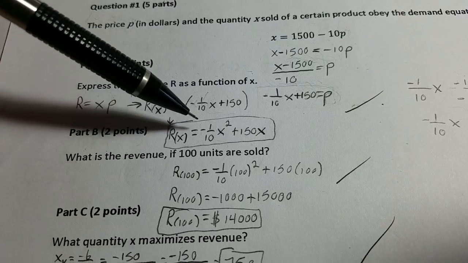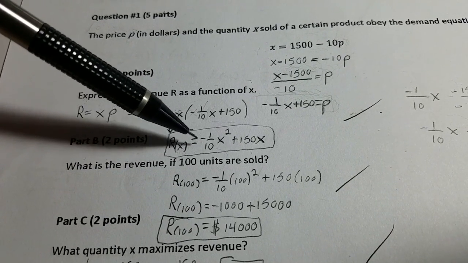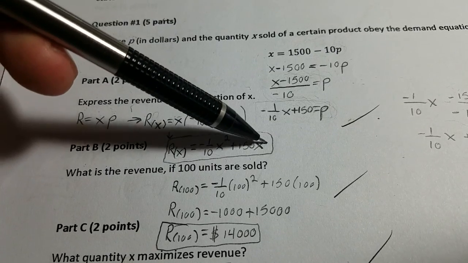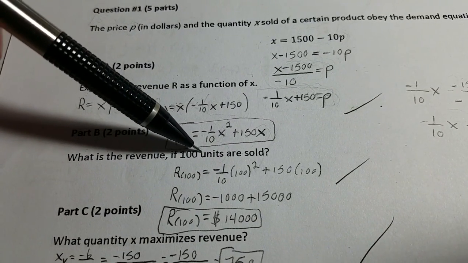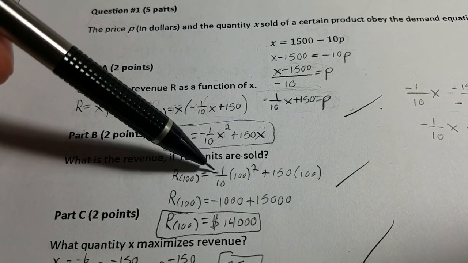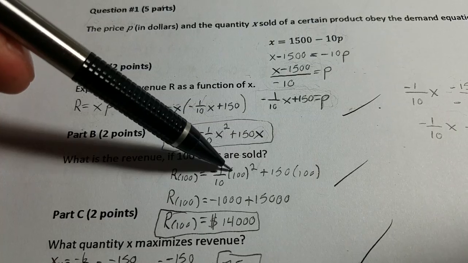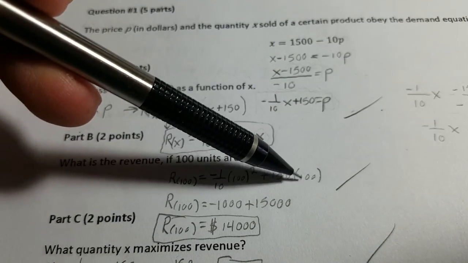Every time you have an X value, like here, here, and here, you're gonna substitute that X by 100. So R sub 100 equals -110 times 100 squared plus 150 times 100.